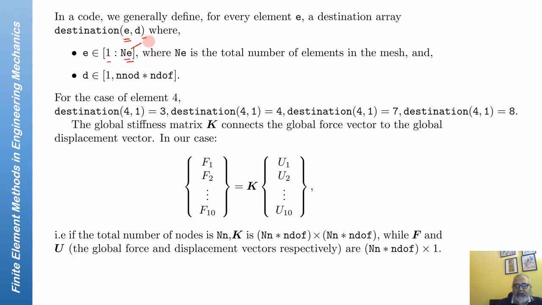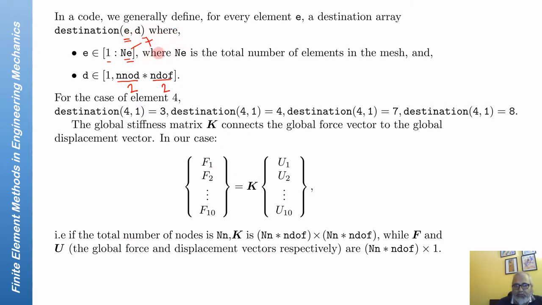So ne in our case is 7. And D goes from 1 to n node, which is the number of nodes per element, in our case 2, times the number of degrees of freedom per node, which in our case is also 2. So we will have in our case a destination array which is 7 cross 4.